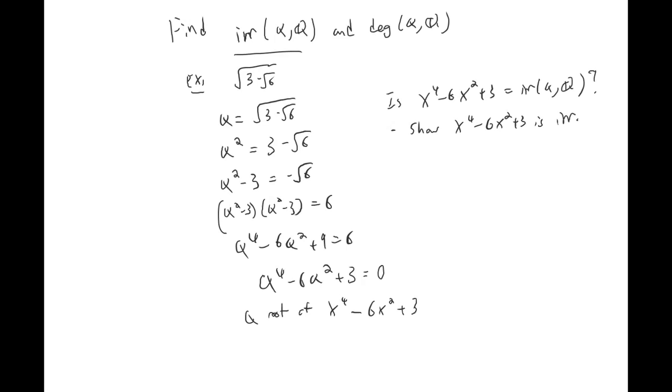So let's assume it's reducible. Then it will either factor as degree 1 and 3, or 2 and 2. It could be 1, 1, 1, 1, but we could just combine the other three 1s. Does everyone agree?